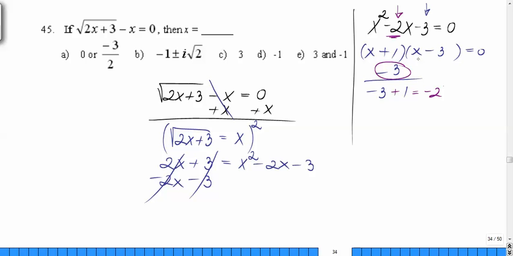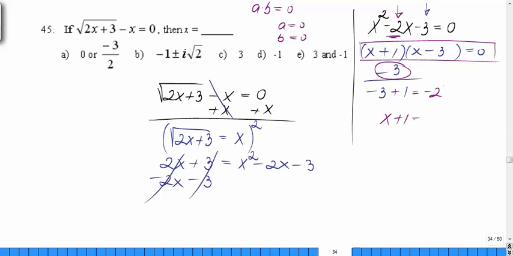And now, for this multiplication to be true, remember the zero product property. If two numbers, a times b, give you 0, then you have either a equals 0 or b equals 0 or both equal 0. Okay, so because x plus 1 times x minus 3 equals 0, you will have two equations.